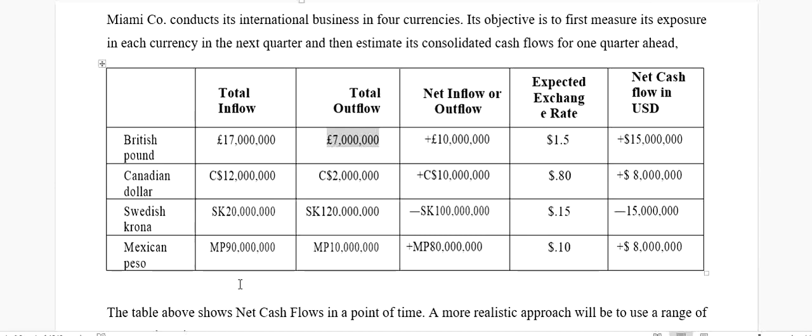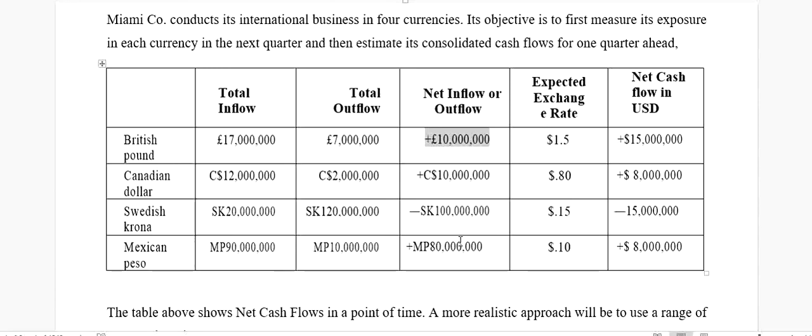If I want to know my net cash flow, very simple: 17 million pounds minus 7 million pounds, which means that from their venture in the UK, they will have a positive cash flow of 10 million pounds. In simple words, the company will receive 10 million pounds in this coming 1 quarter from the UK.